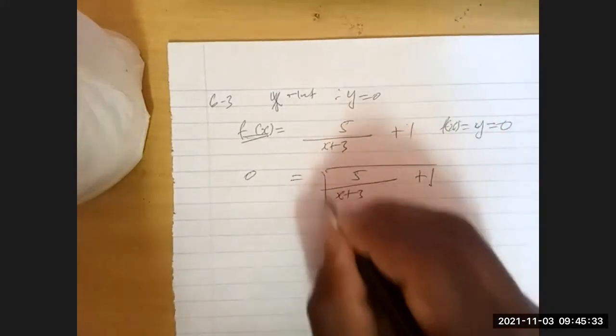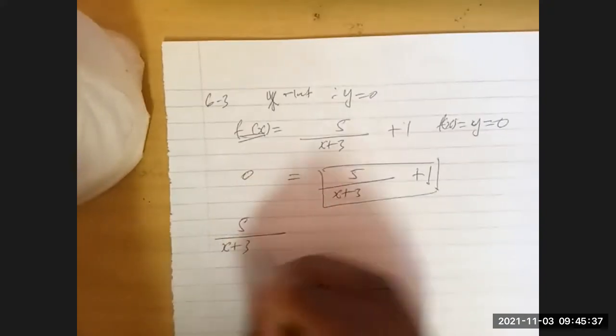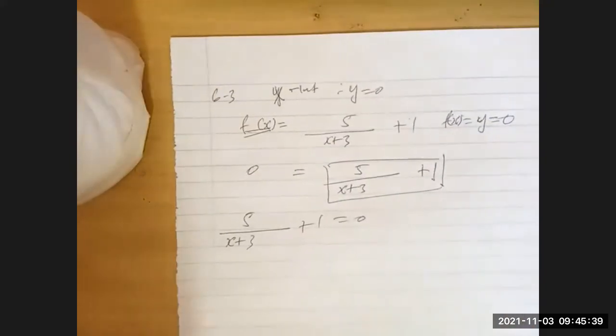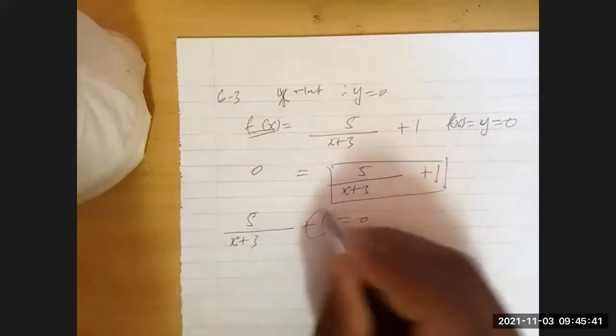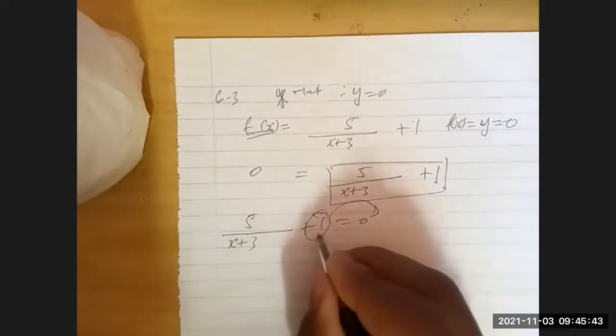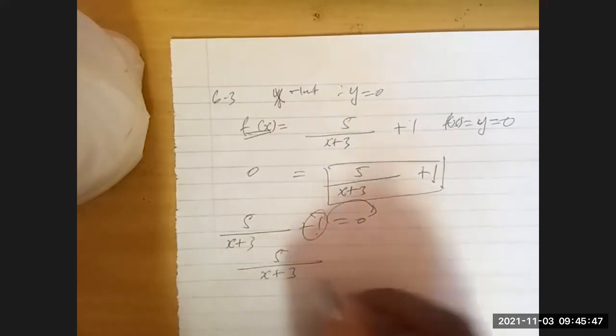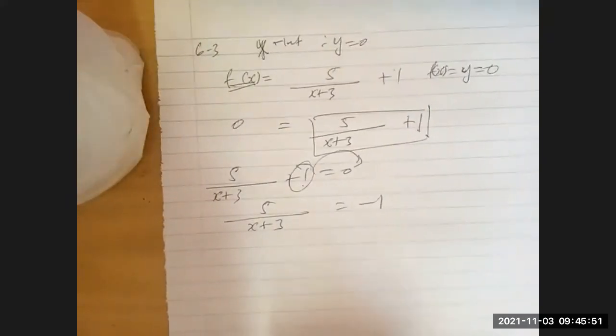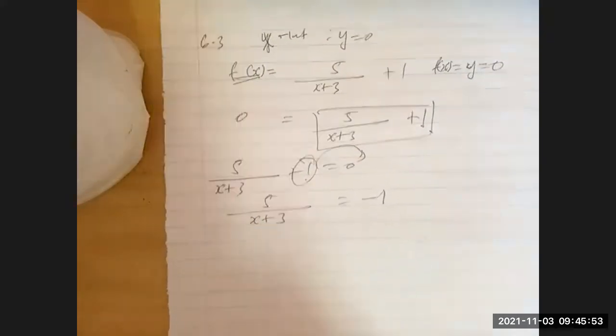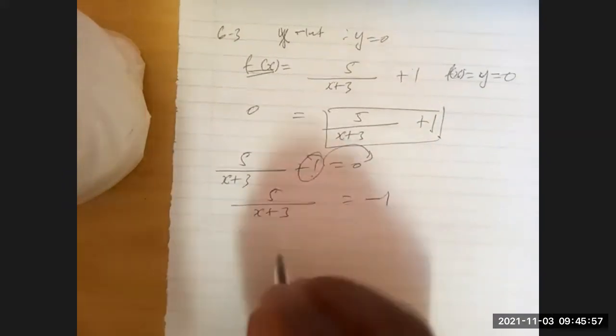I'm taking everything that side: 5 over x plus 3, then plus 1, equals 0, right? Now let's solve. Take this 1 across, so this one is positive. So I'm going to have 5 over x plus 3 equals -1, right? It's important for you to do things the way I'm doing them, the way I'm solving them here.